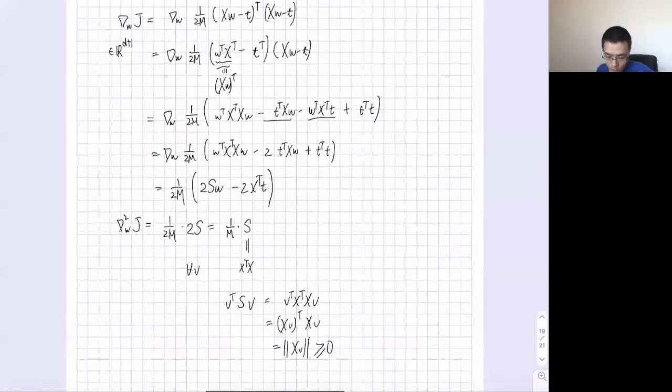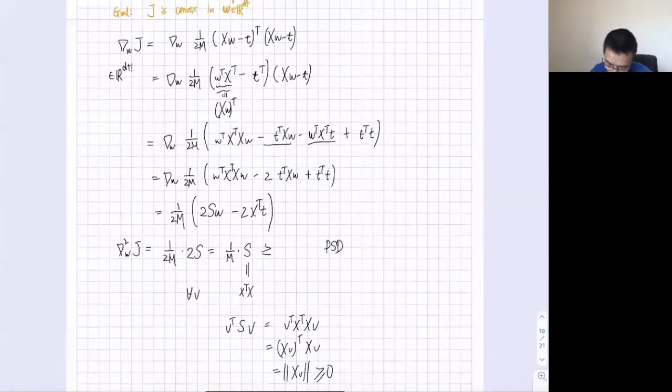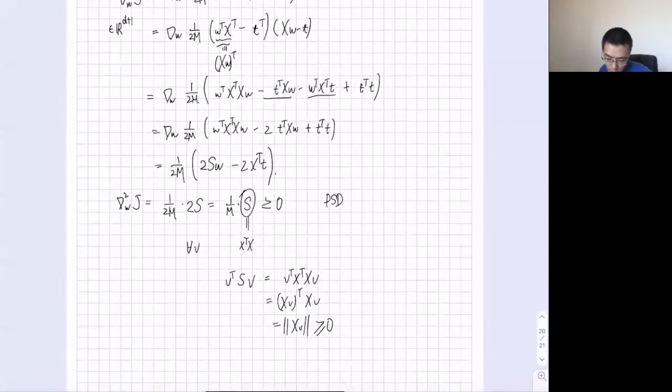So this term is positive semi-definite. So this shows S is positive semi-definite.